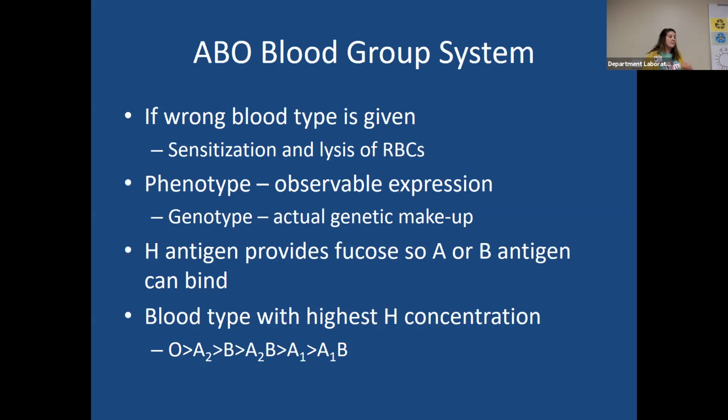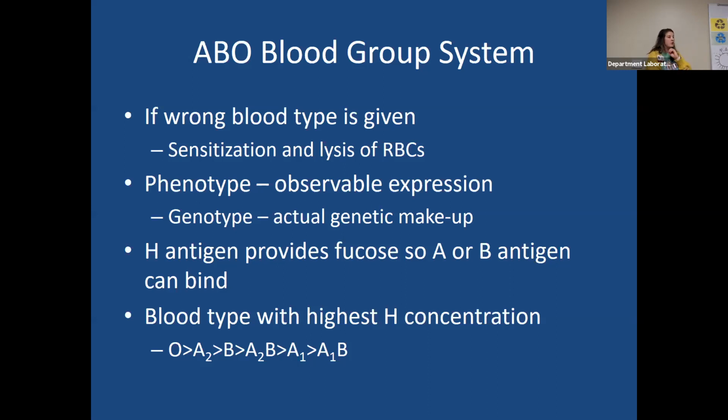So if you're type A, then you will have a lower amount of H concentration, okay? If you're type O, because no additional sugar is being added on, you have the highest amount of H concentration. Okay, you guys need to know this, right?